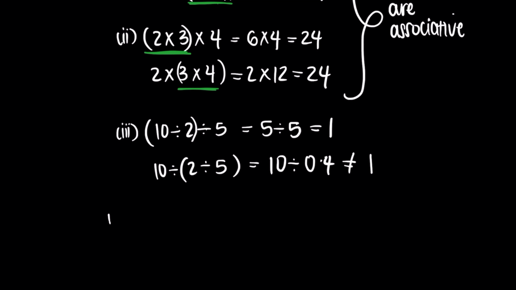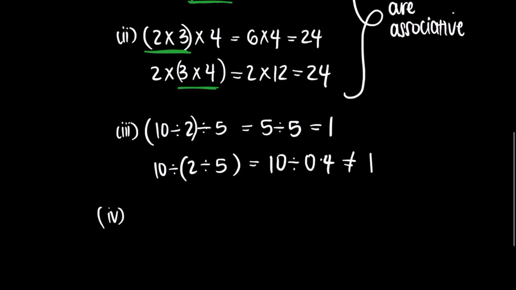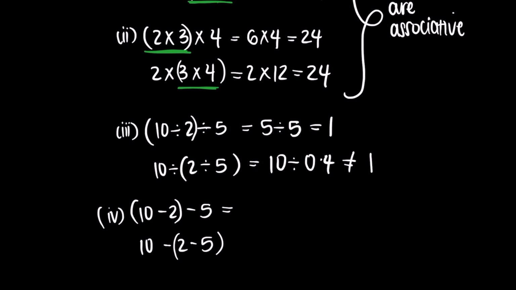Next example, open bracket, 10 minus 2, close bracket, minus 5, and 10 minus open bracket, 2 minus 5, close bracket. So for the first part, we do inside the brackets first. 10 minus 2 is 8, and 8 minus 5 is 3. Second part, we do 2 minus 5 first, which is negative 3.